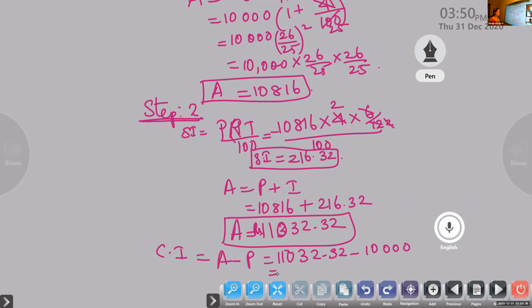Is it okay? Is it clear? Is it okay, Aditya Satyan? What is the compound interest you are getting here?